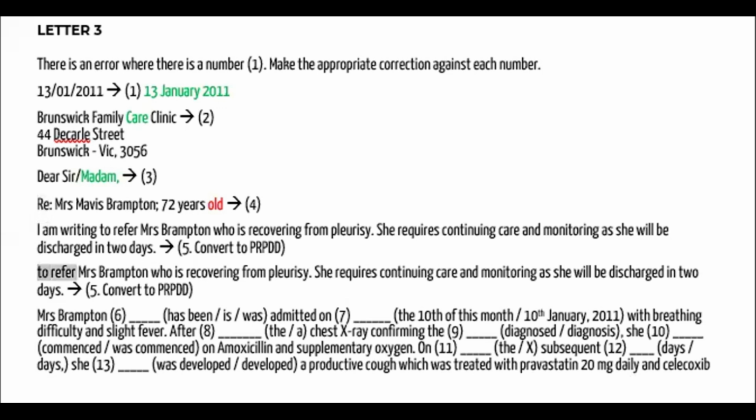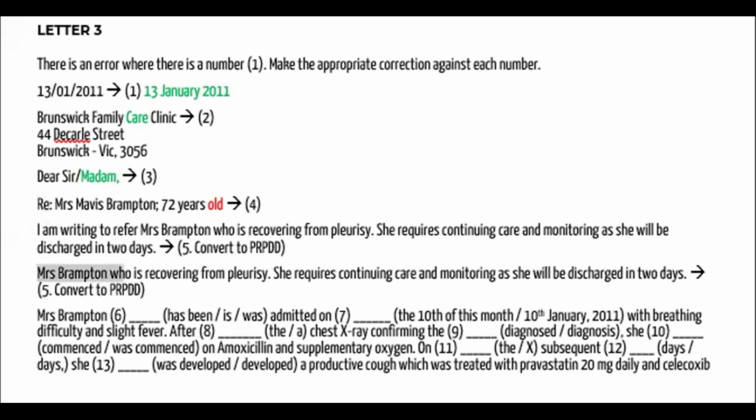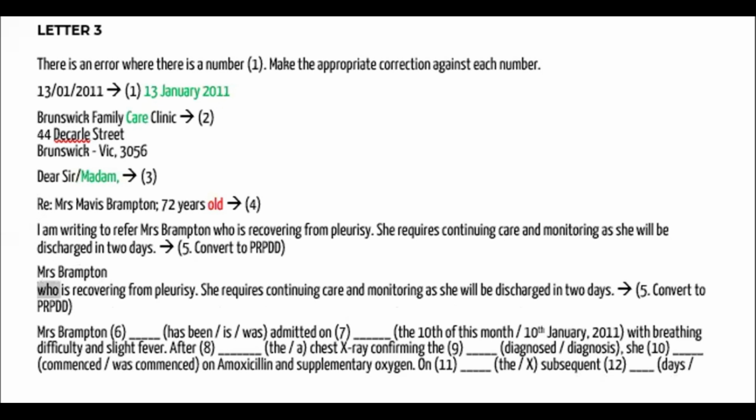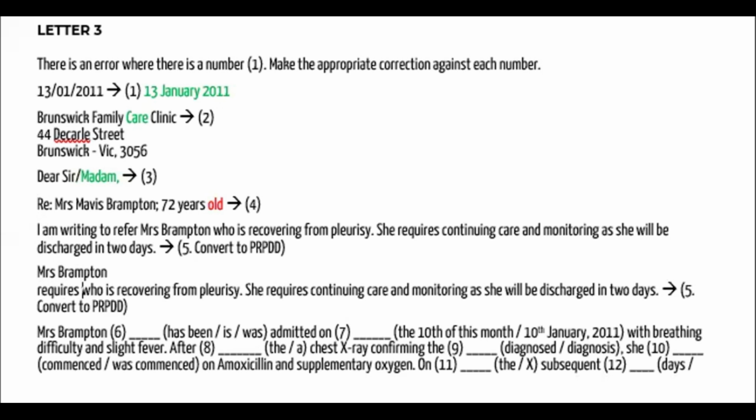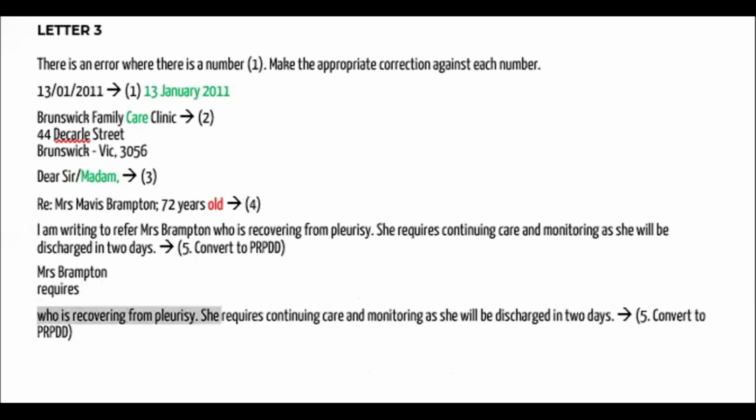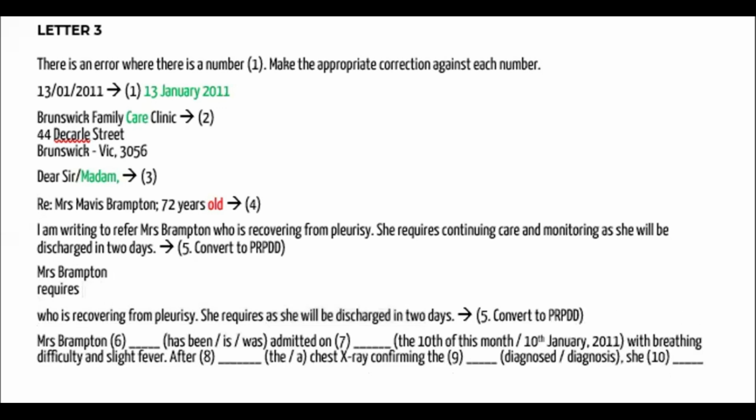According to the PRPDD method, Mrs. Brampton, who is recovering from pleurisy, she requires, so we have to change it completely. P means patient, R means requires. What is she requiring? Continuing care and monitoring. She requires this one plus this one.